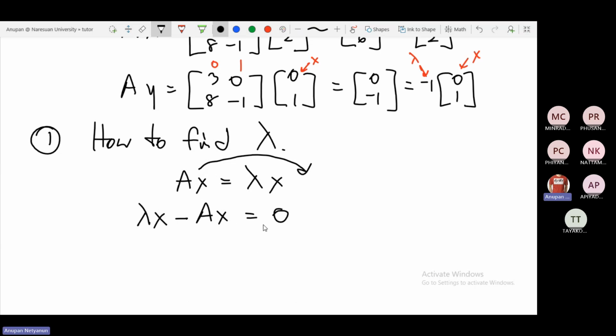Okay. Now, what I'm going to do is, if I have this, you can see that x looks like a common factor, right? So I'm going to pull x out, but you can see the problem: this is an n by n matrix, right? But this is a scalar. If I leave it like this, you cannot have scalar minus matrix, right?